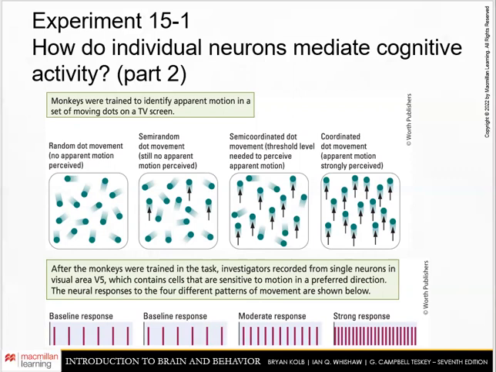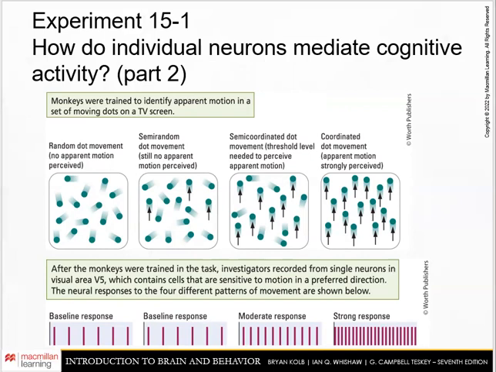Now, on the one hand, if our perception of apparent motion results from the summed activity of many dozens or even thousands of neurons, little correlation would exist between the activity of any one neuron and the perception the person has. On the other hand, if individual neurons influence our perception of apparent motion, then a strong correlation would exist between the activity of the single cell and the perception.